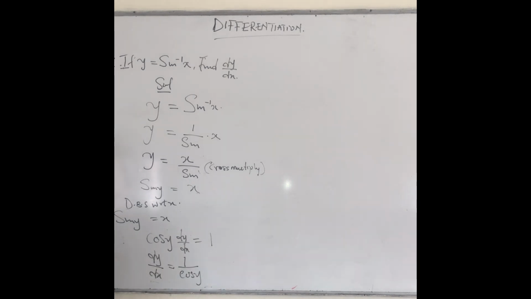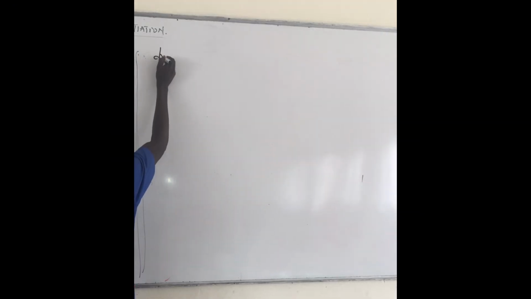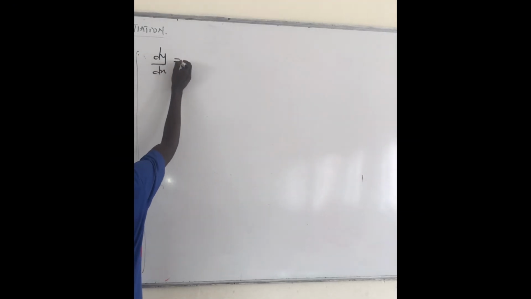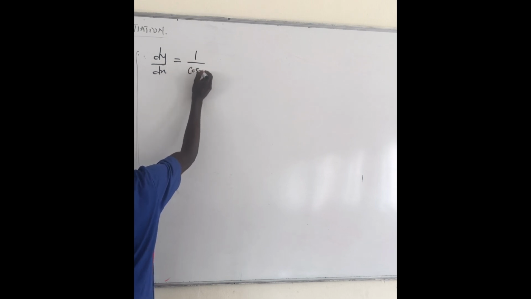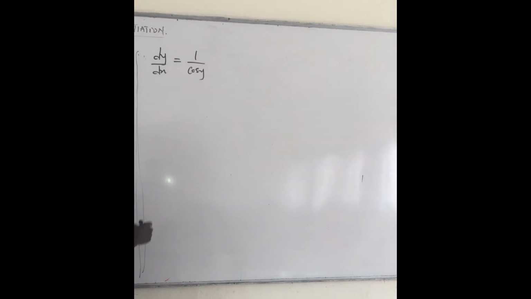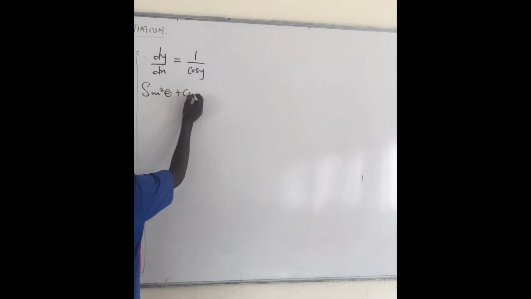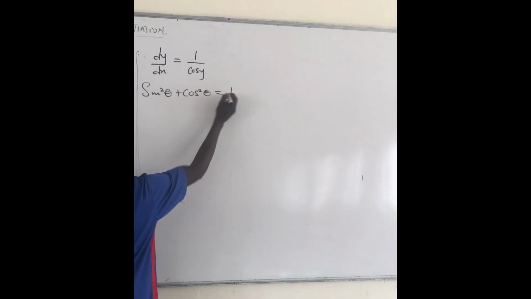Now, don't forget the Pythagoras theorem. So we have dy over dx is equal to 1 over cos y. Now, using Pythagoras identities, you have sine squared theta plus cos squared theta is equal to 1.